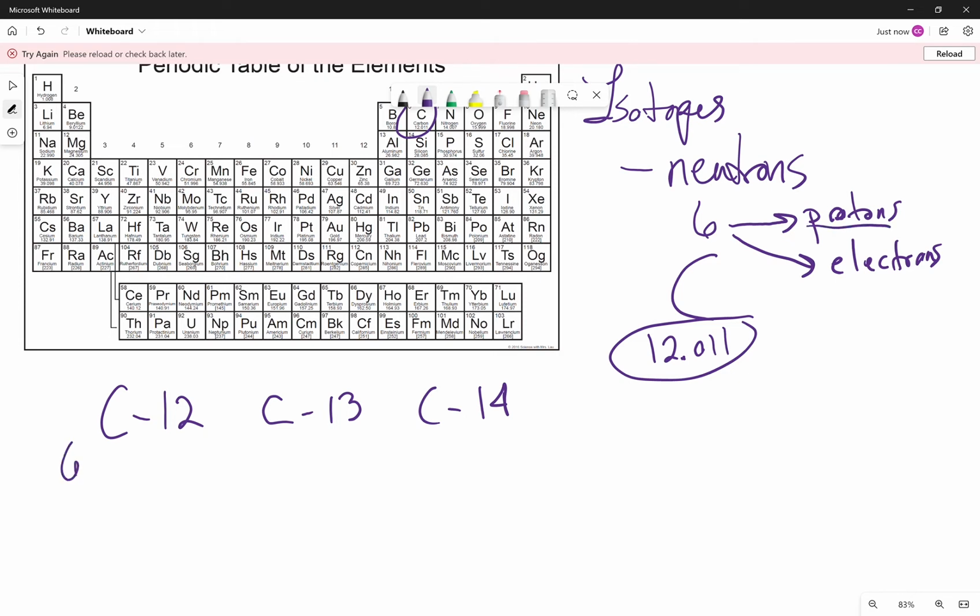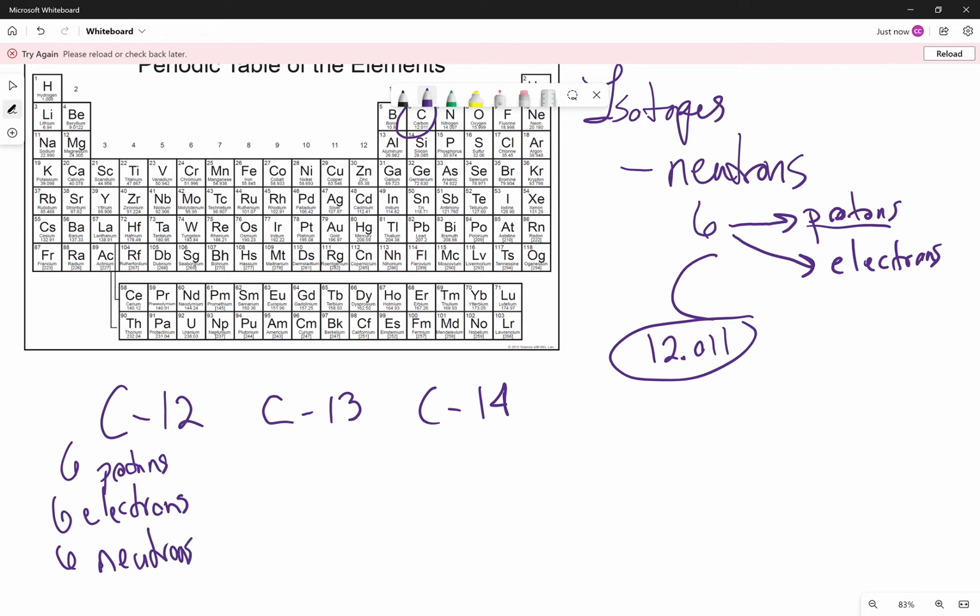So I have 6 protons, I have 6 electrons, and in this case, because my 12 minus my 6 is going to also be 6, I also have 6 neutrons.